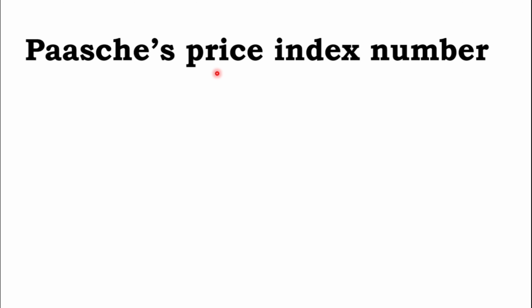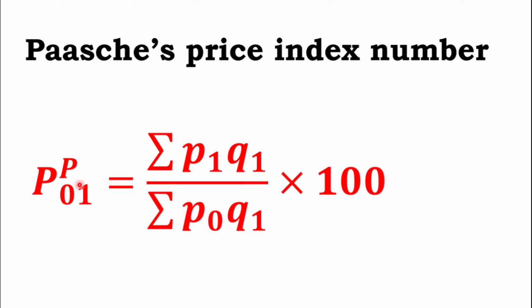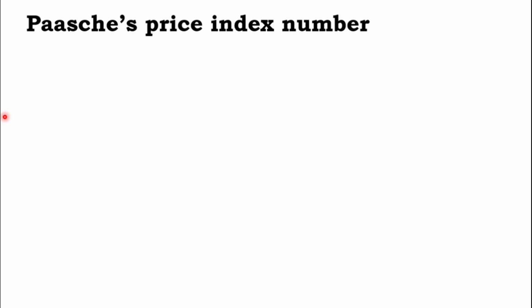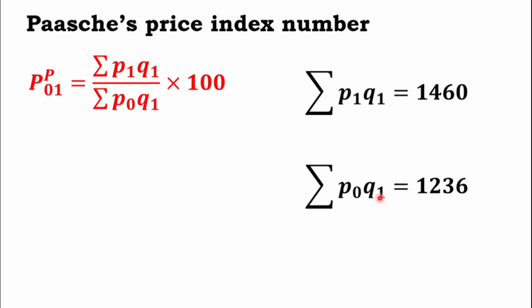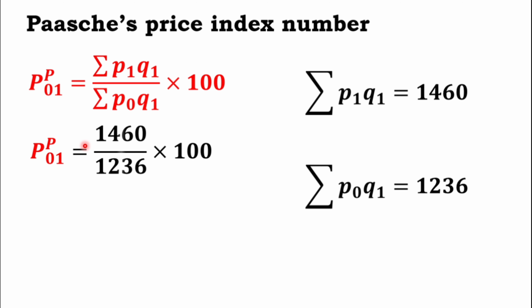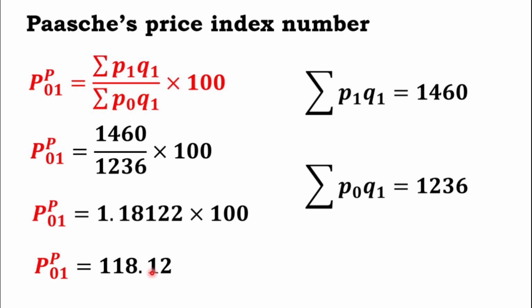Next is Paasche's price index number. P01 P is summation P1 Q1 divided by summation P0 Q1 into 100. Summation P1 Q1 is 1460 and summation P0 Q1 is 1236. Substituting these and dividing will give 1.18122 into 100, which is 118.12.